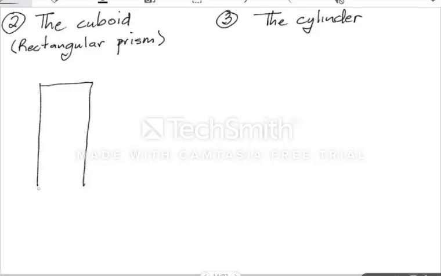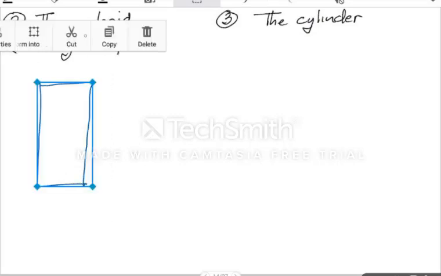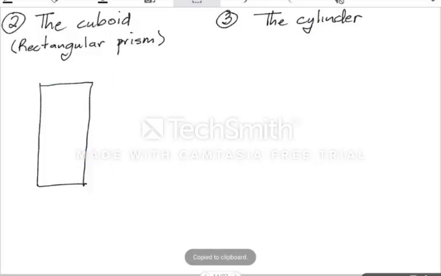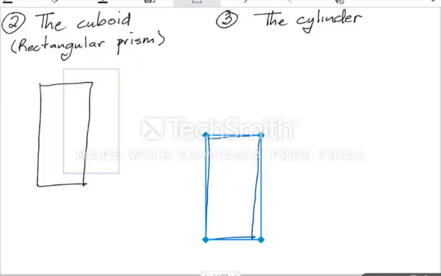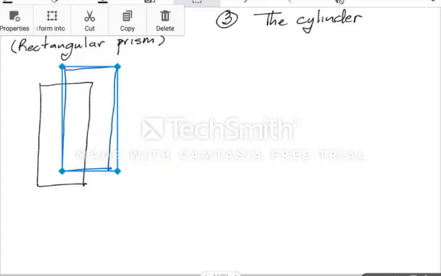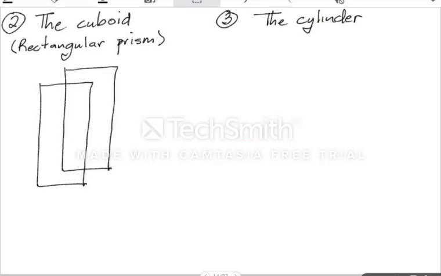If I'm drawing a cuboid, I'd start out by drawing a rectangle. Then I would draw an identical rectangle, put a little bit above it, something like this. Then connect corresponding ends. Use your pencil and your ruler to connect corresponding ends.